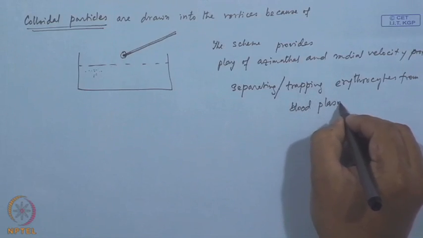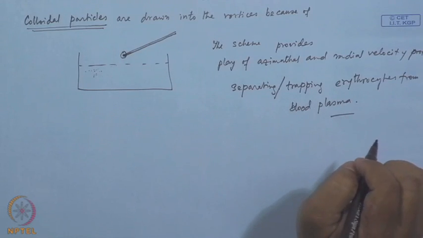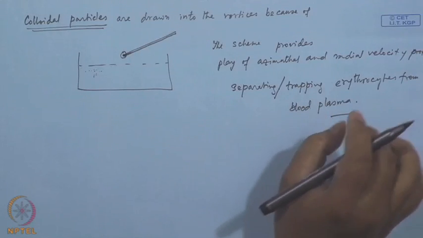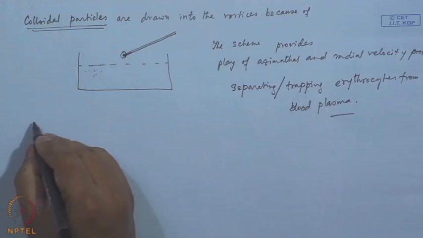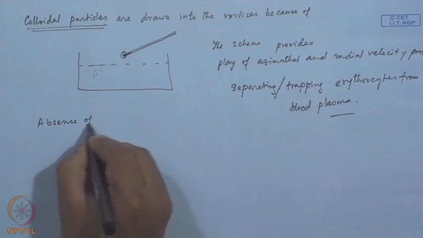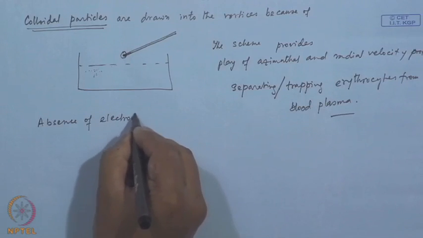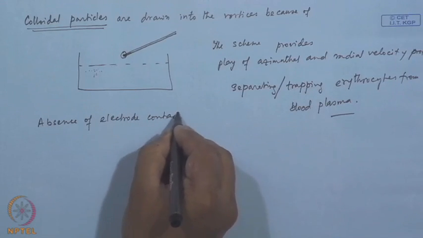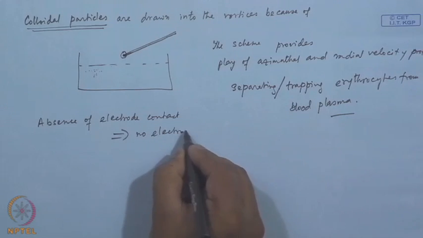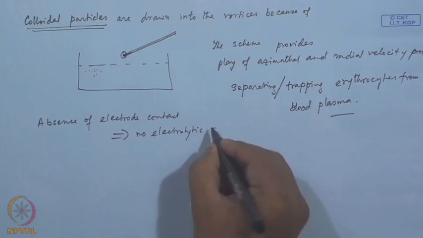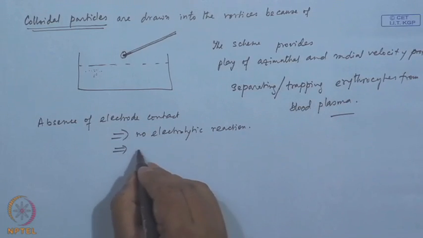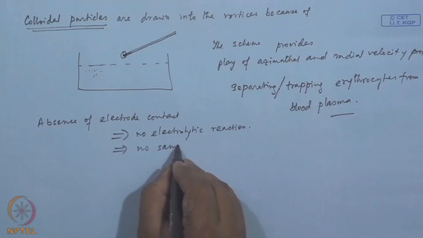There are certain advantages to it which the scientists working on this scheme have highlighted. One is the absence of electrode contact. So, the advantage is no electrolytic reaction, and so accordingly no sample contamination.